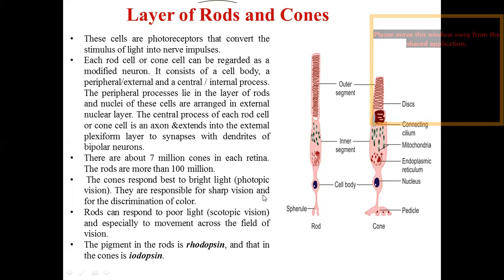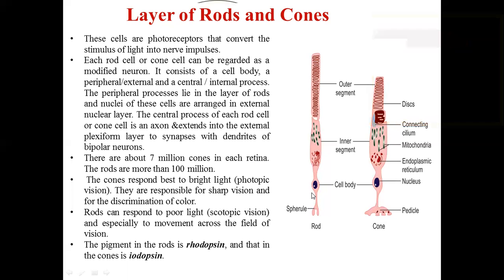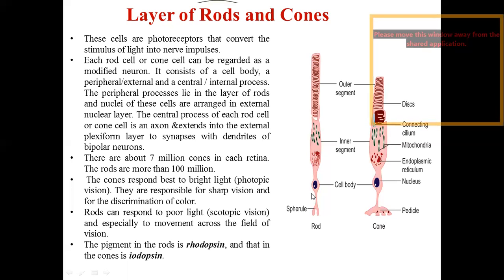The central process is an axon and it extends into external plexiform layer to synapse with dendrites of bipolar neurons. So in the next layer, the axons from these will go and make synaptic contact with other neurons.